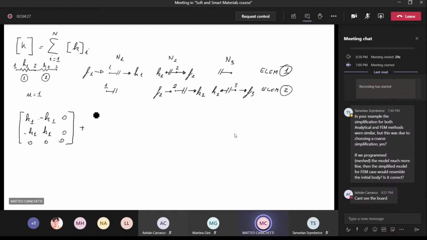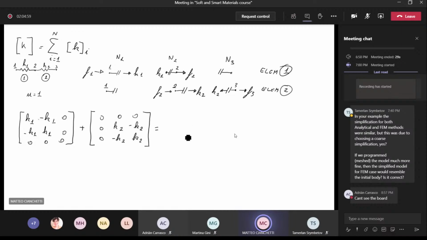And we can sum up with the element stiffness matrix of element 2, that on the other side has zeros that are due to the presence of node 1, that is, by the way, not part of element 2, and then K2, minus K2, minus K2 and K2.